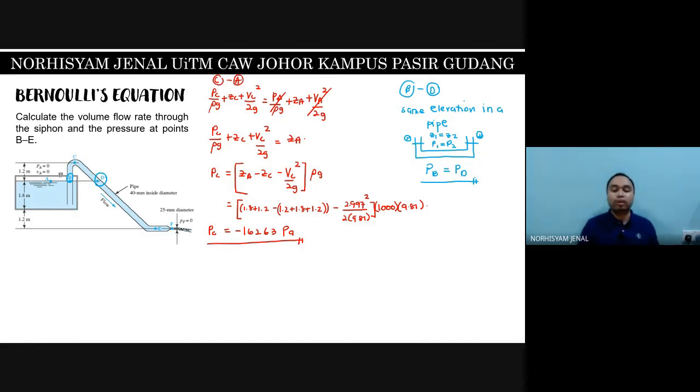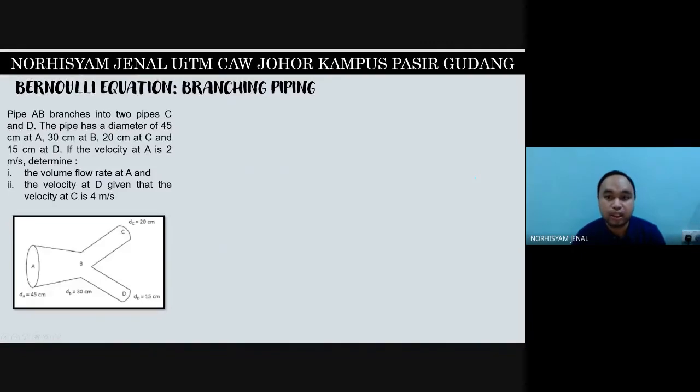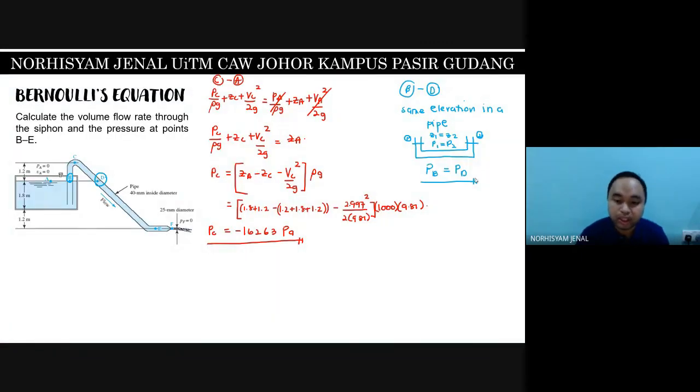Okay, and the last one, we need to find out what is PE. Okay, so to find out PE, I'm using a different color over here, and we do it down here. So let me draw a line.